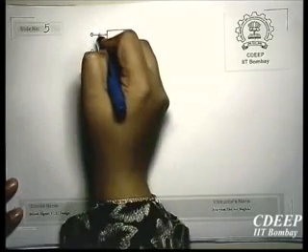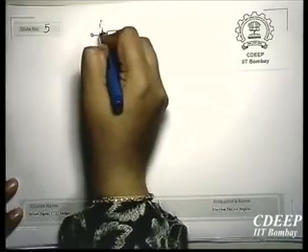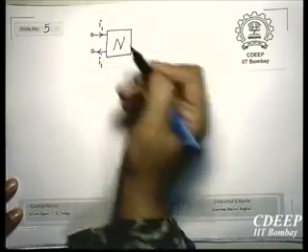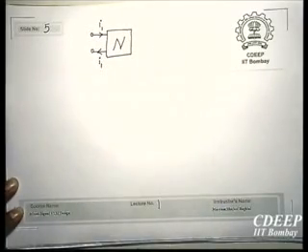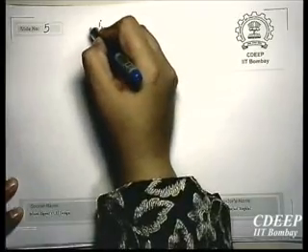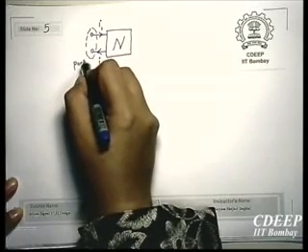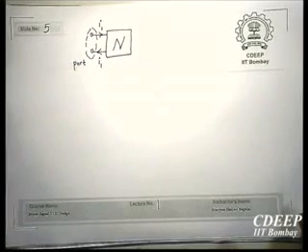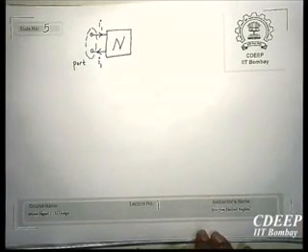So, for example, this is I1, it will leave network N with the same current. Therefore, this is called a port. These definitions are required to know.